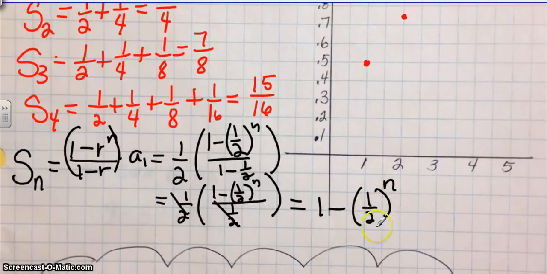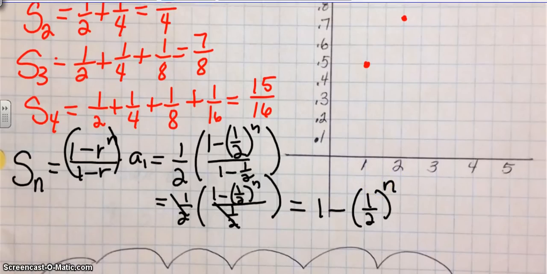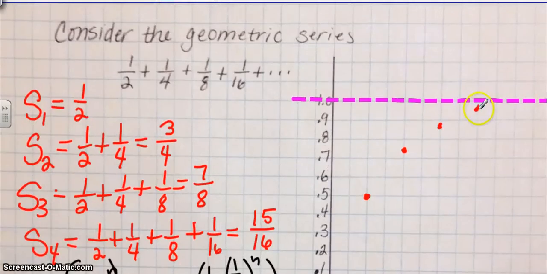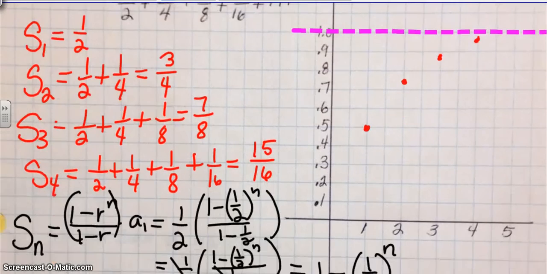It's getting closer and closer to 0. So as n gets huge, I'm taking 1 minus something so close to 0. And that is why I'm getting closer and closer to this line 1. Never actually going to touch it, but the sum is going to be 1 as I get closer and closer.